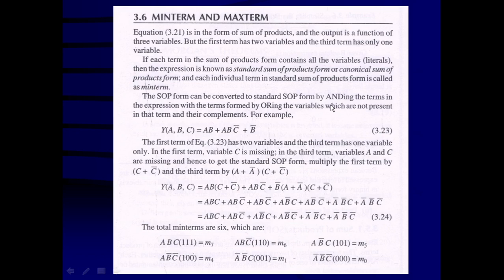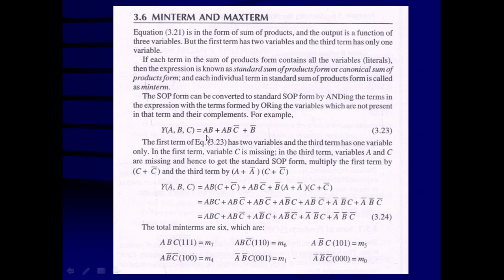So in SOP form, we AND the terms in the expression with the term formed by ORing the variables which are not present in the term. So in each term, whichever variable is not present, that variable and its complement must be ORed first, and they will be multiplied with that term, like this one.